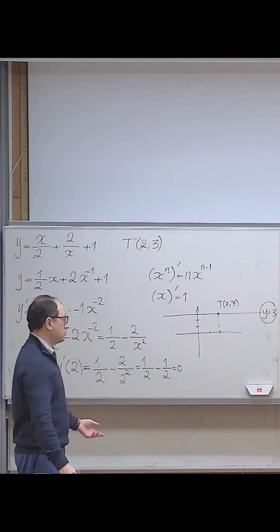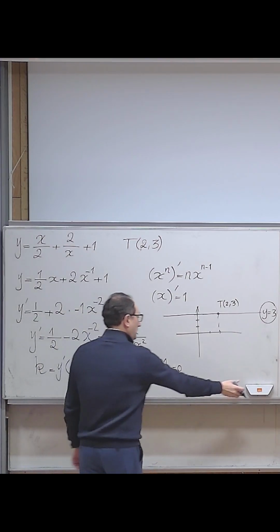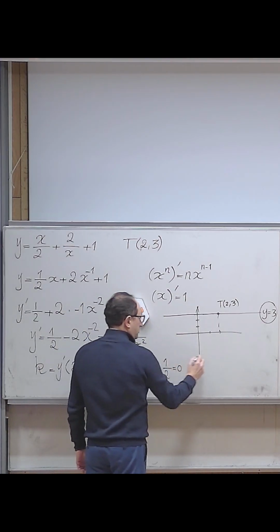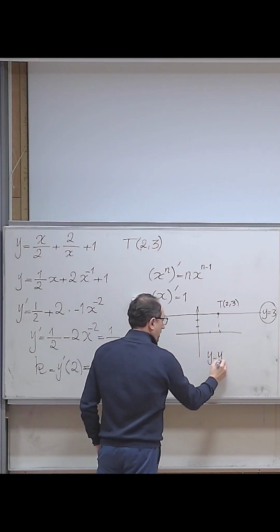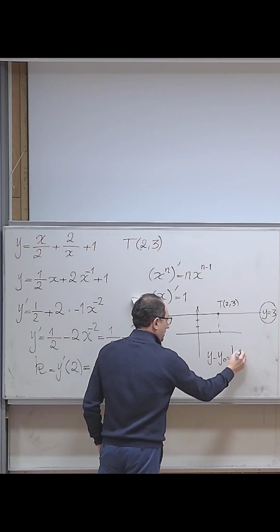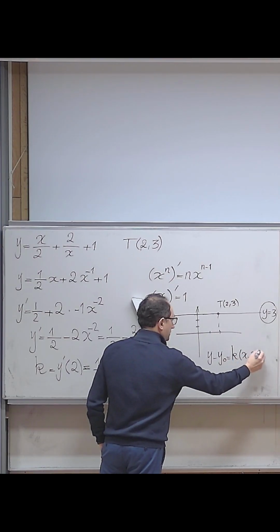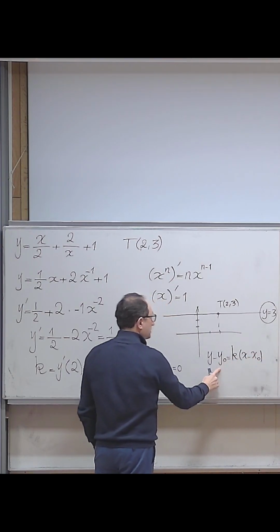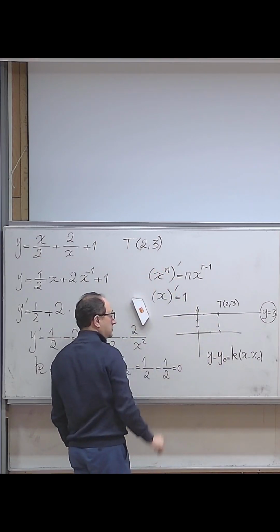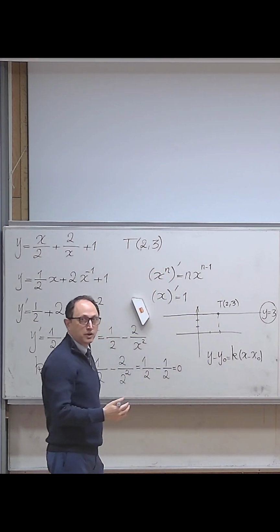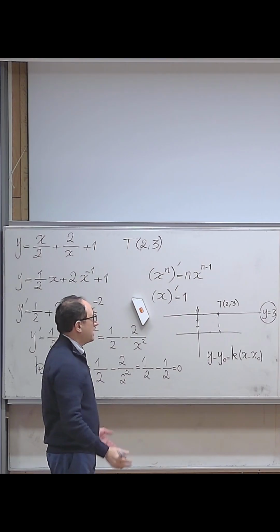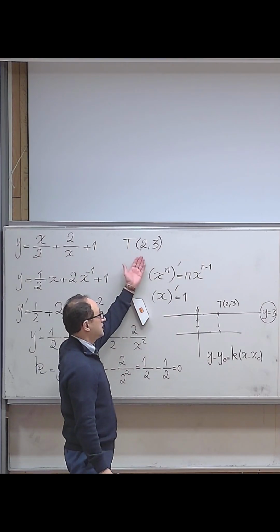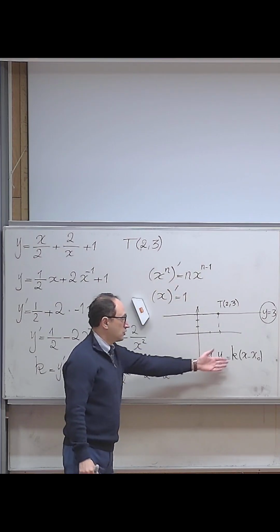Another way is, of course, you can write the formula y minus y naught equals k times x minus x naught. Here, x naught and y naught are the coordinates of the point of tangency or any other point on the line, but we don't have access to any other points on the tangent line except this point, so this is inevitable.